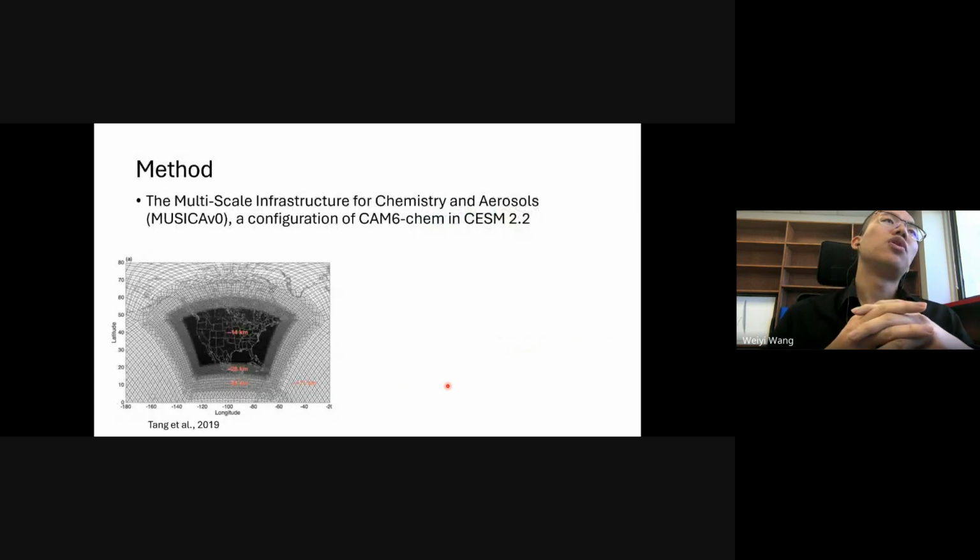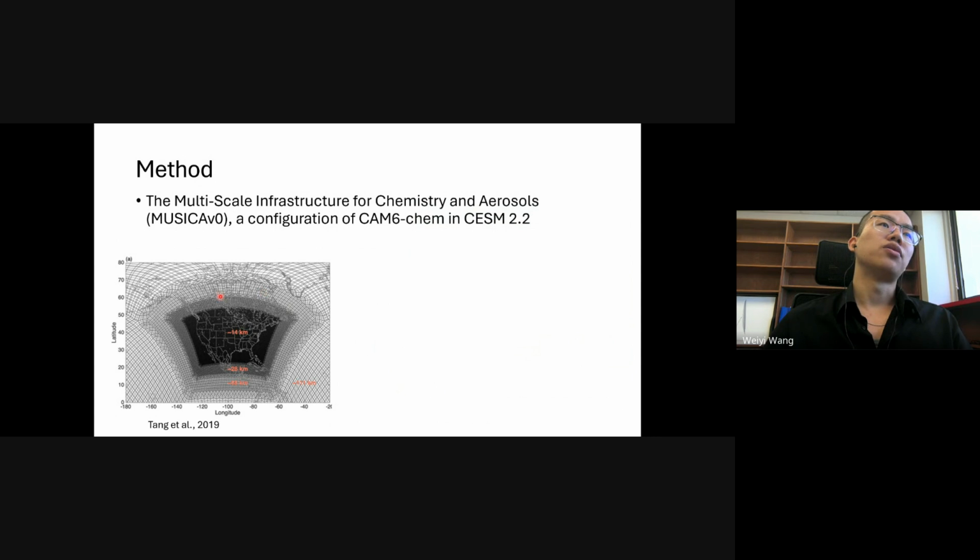The default model used in this study is the Multi-Scale Infrastructure for Chemistry and Aerosols, or MUSICA carbon zero. It's a configuration of CAM6 in CESM 2.2. It features extensive chemistry mechanisms and regional refinement.